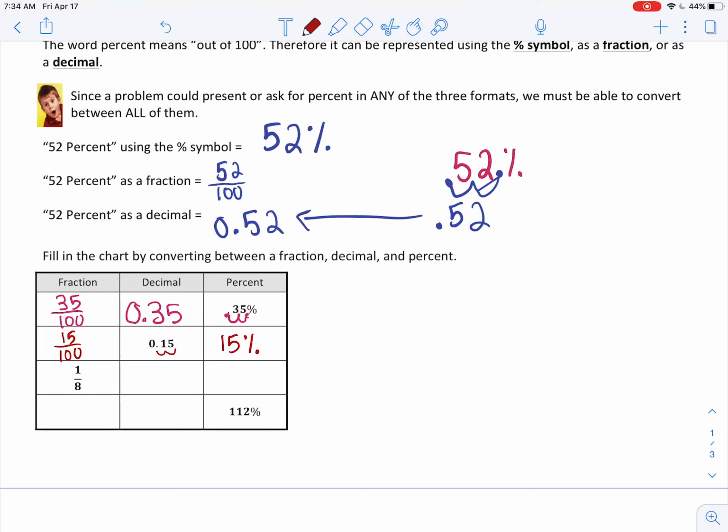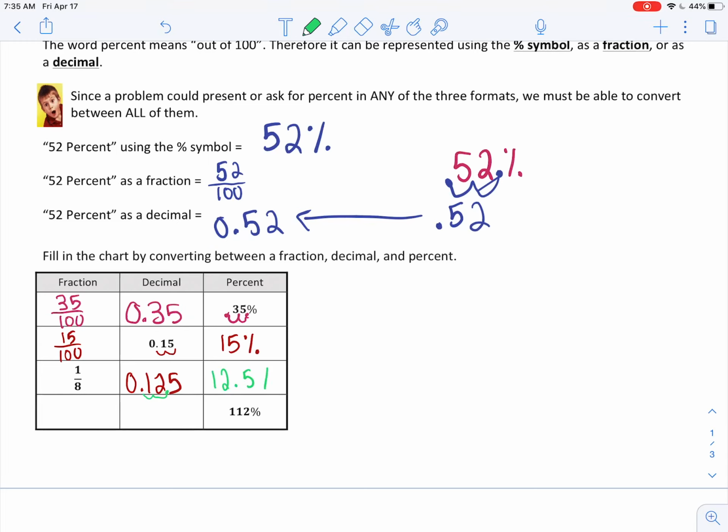Okay, so in order to get that as a decimal, I'm going to do 1 divided by 8 in my calculator. And I get 0.125. That's the decimal. And now to convert that to a percent, I'm going to move the decimal 2 spots to the right.